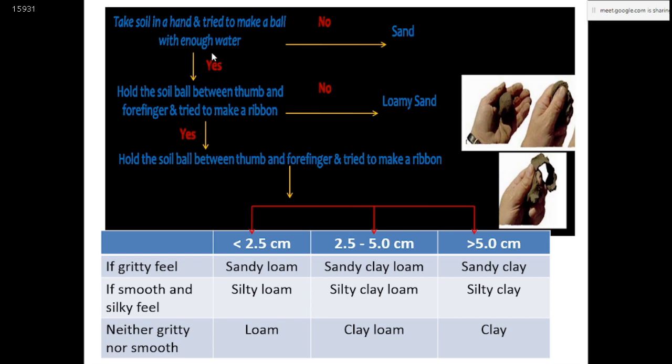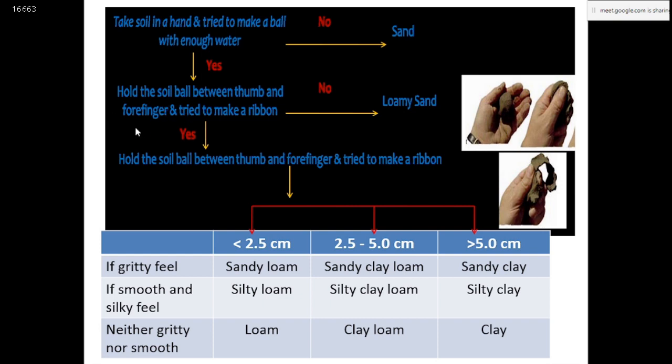If the ball is formed, then hold the soil ball between the thumb and forefinger and try to make a ribbon. If the ribbon is not formed, then it is loamy sand. If the ribbon is formed, then a larger amount of clay is present in the soil.